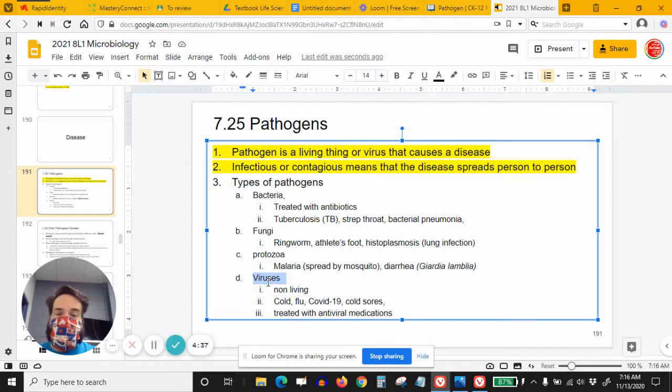It's also important that if you are prescribed antibiotics, you take them as prescribed. So if the doctor says take this for 3 days, you take it for 3 days. If the doctor says take this for 2 weeks, then you take it for 2 weeks. Okay?